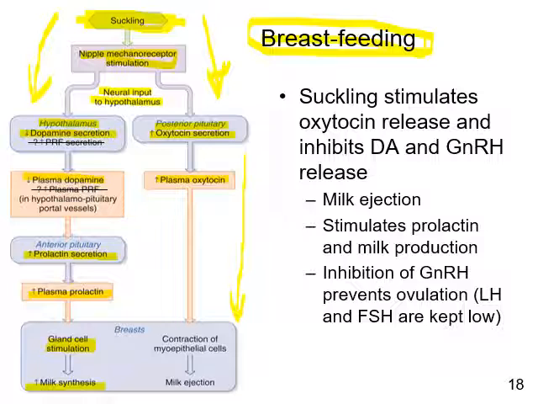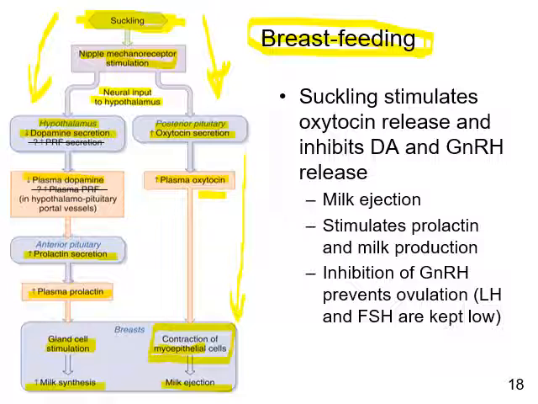The mammary gland, in addition to having duct cells and secretory alveoli, also contains myoepithelial cells, muscle-like cells, not muscle cells, that contract in response to oxytocin. So oxytocin triggers the contraction of myoepithelial cells in the woman's breast and actually causes the milk to be ejected, squeezed out of the nipple.